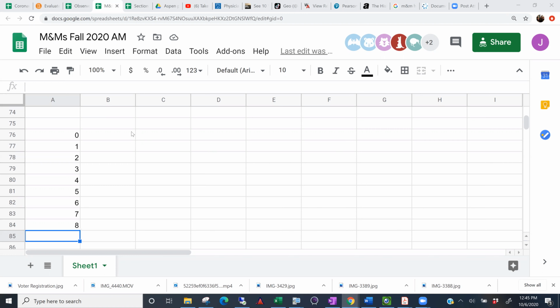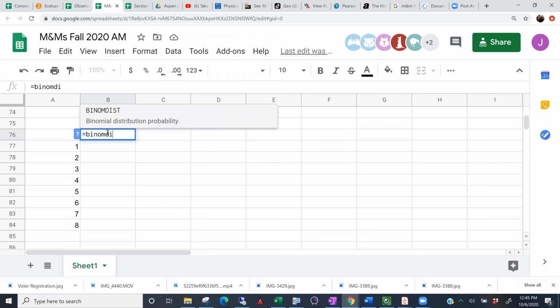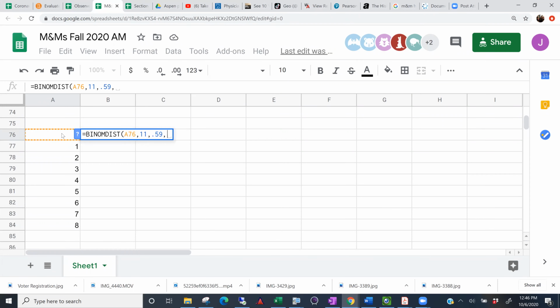So there's a couple ways I'll show you to calculate this. The first way is going to look like this. I'm just going to calculate the probabilities, and I only need the first few. So I'll type in binomial distribution, and then of this, comma, there's 11 in our trials. And a probability of success was 0.59, and I'll type in false here.